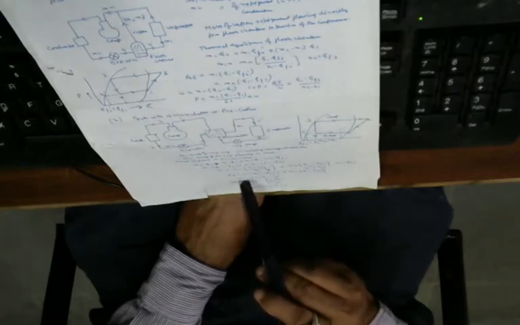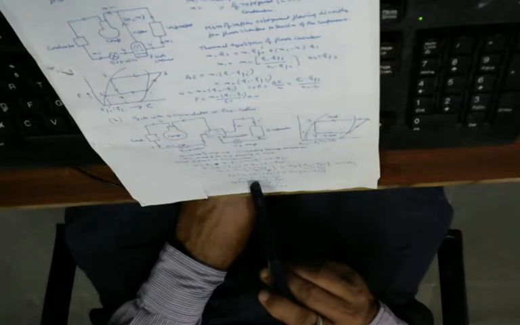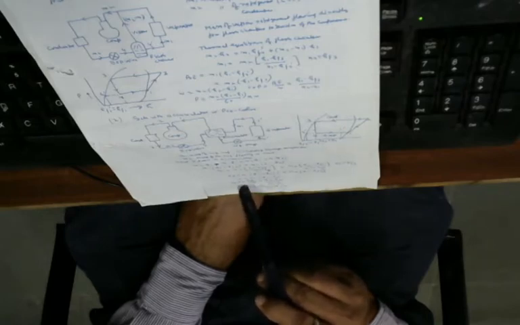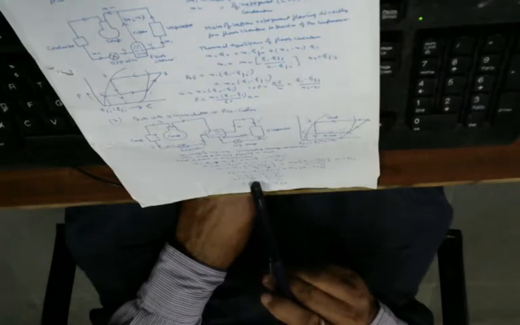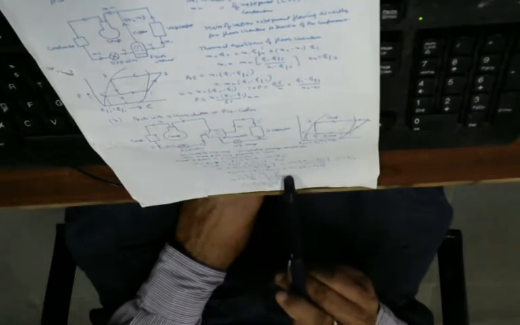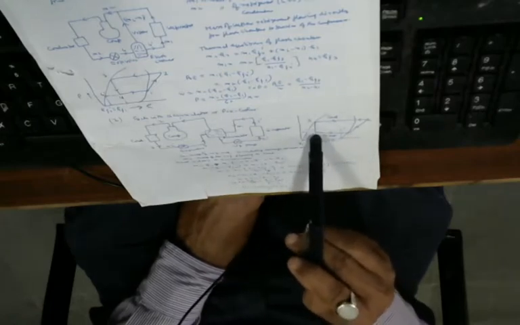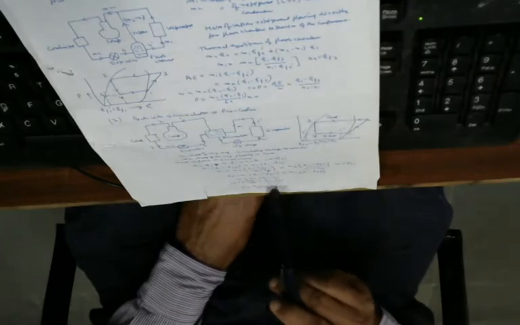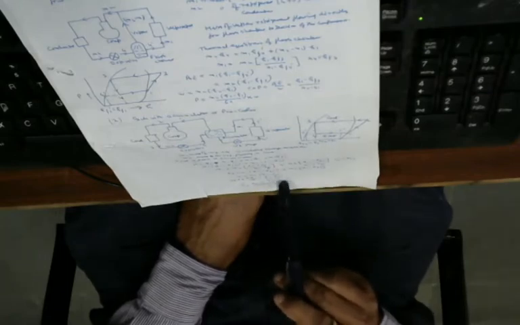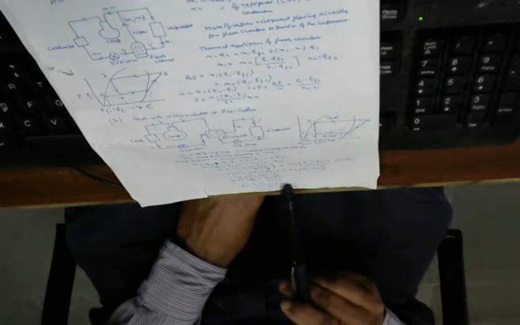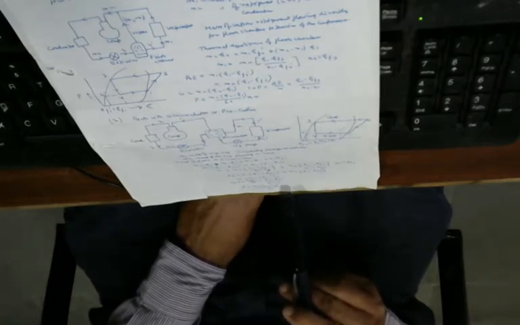Therefore, the mechanical work W is equal to M2 into H2 minus H1, and COP is the refrigerating effect upon the work done, that is H1 minus HF3, H4 is replaced by HF3, divided by H2 minus H1, the compressor work, and power is equal to M2 into H2 minus H1 divided by 60 in kilowatt. Okay, that is in kilowatt.